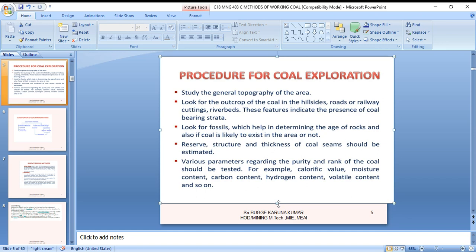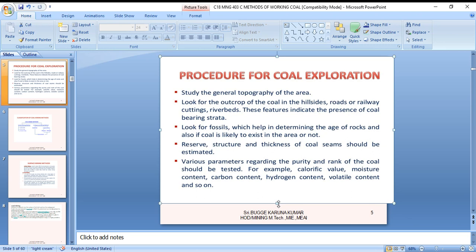These features indicate the presence of coal-bearing strata. Look for fossils, which help in determining the age of the rocks and whether coal is likely to exist in the area or not. The structure and thickness of the coal seam should be estimated. Various parameters regarding the purity and rank of the coal should be tested, for example calorific value, moisture content, carbon content, hydrogen content, volatile content and so on. This is also an important factor.